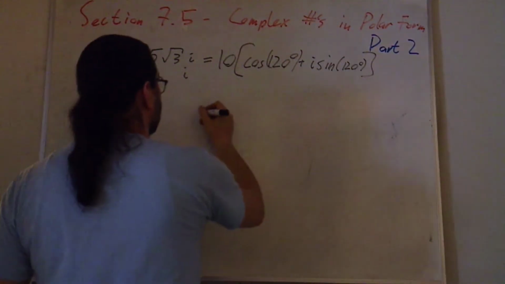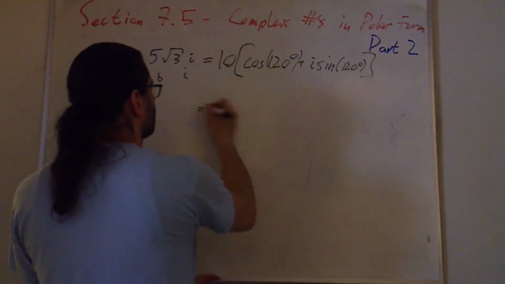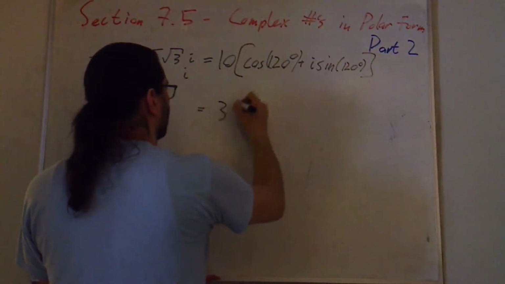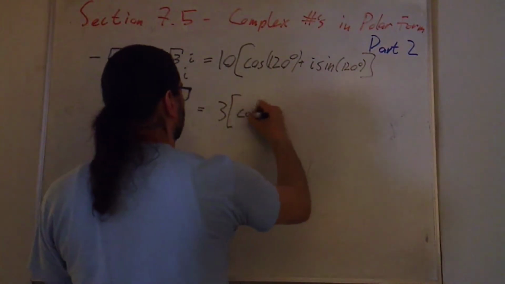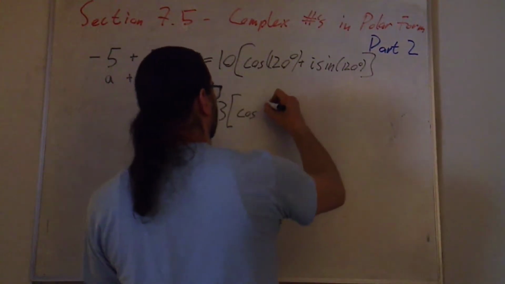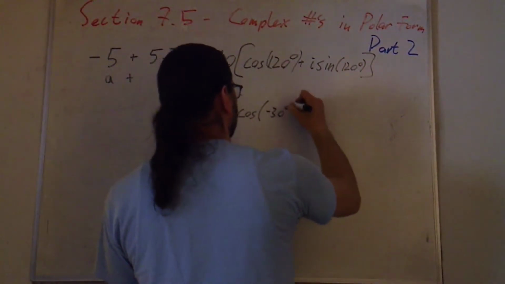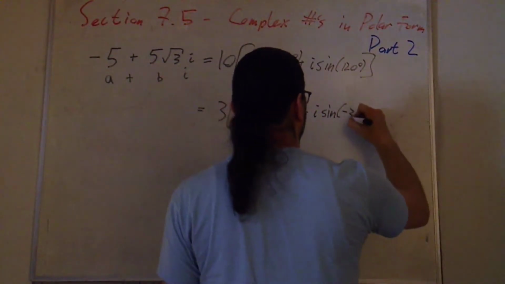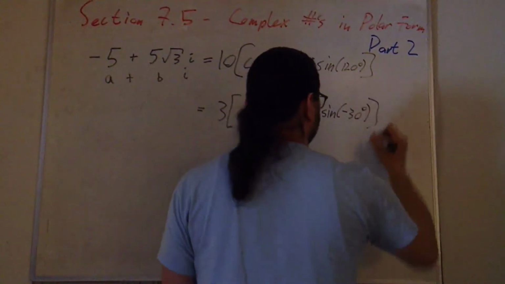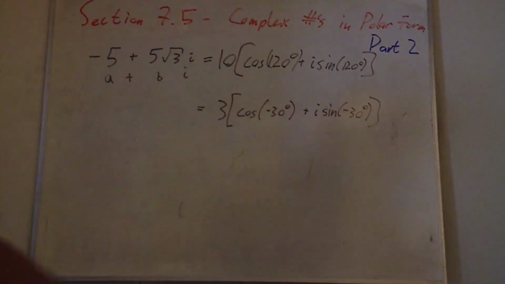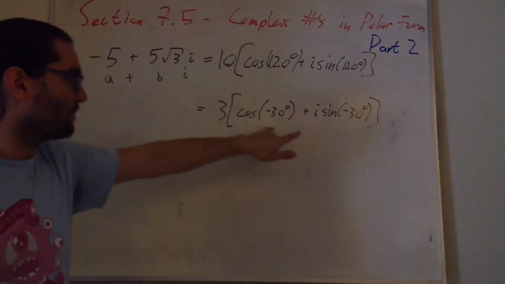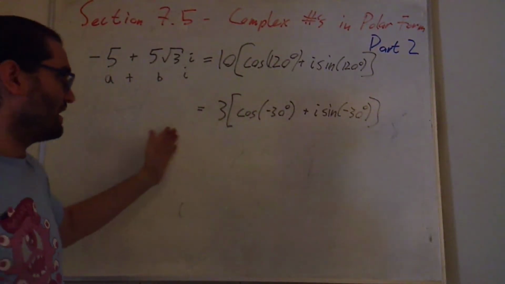I want to see what happens if I start with 3 times the cosine of -30 degrees plus i sine -30 degrees. This is the first time I've started with a polar form complex number.